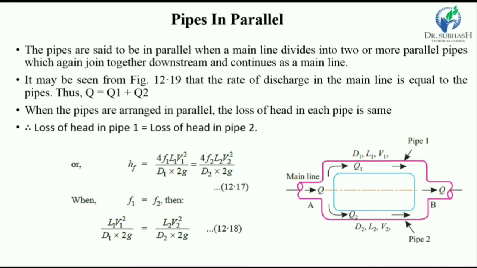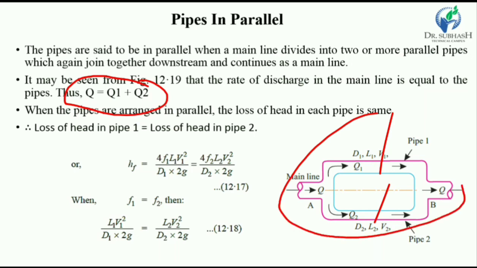In this condition of parallel pipes, the total discharge, or discharge in the main line, is equal to the sum of the discharges of the parallel pipes. Mathematically, Q is equal to Q1 plus Q2, as shown in the case considered in this figure.